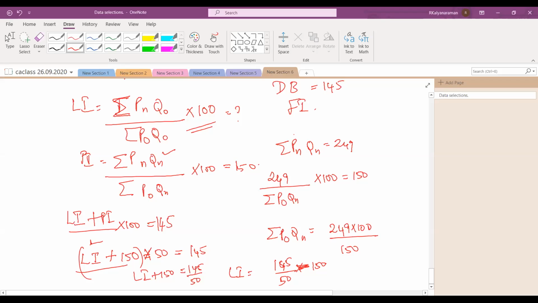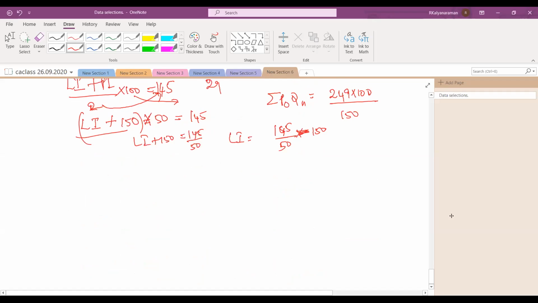Or you can even do the simple calculation. We can multiply this and then divide by 100. So basically we can get a quick value 29. So using this method we can calculate the other parameters.